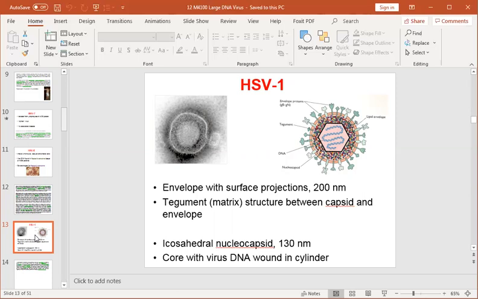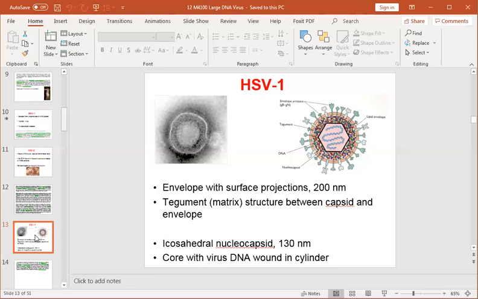Herpes simplex virus 1 is about 200 nanometers in size. It has a structure called the tegument or matrix structure, which is between the capsid and envelope. This is a new concept that you have not been introduced to before.